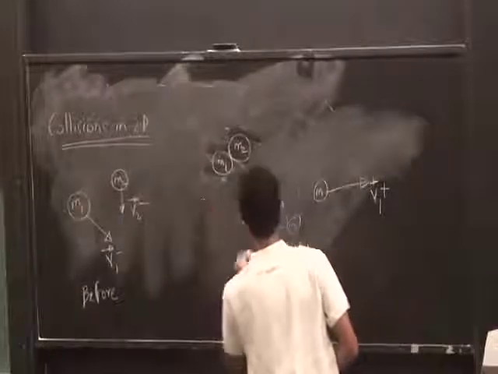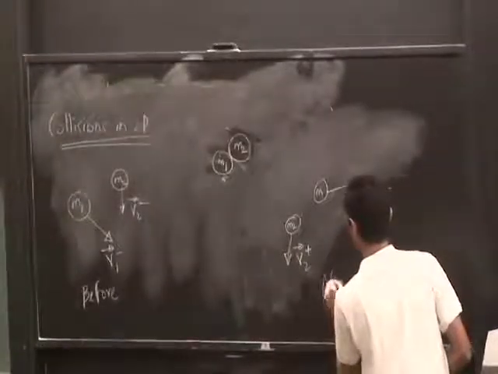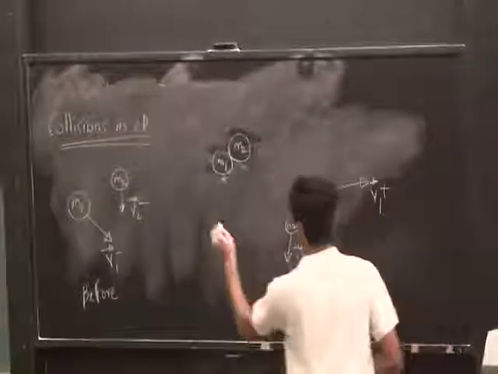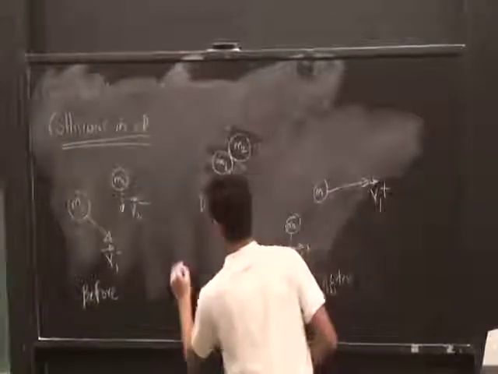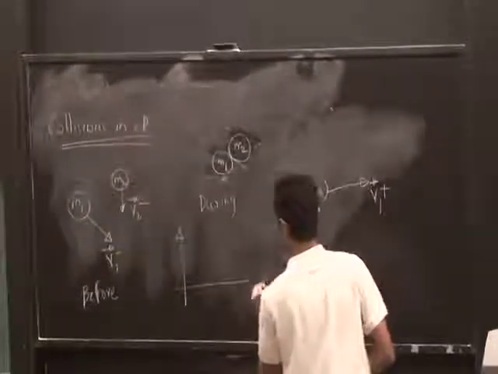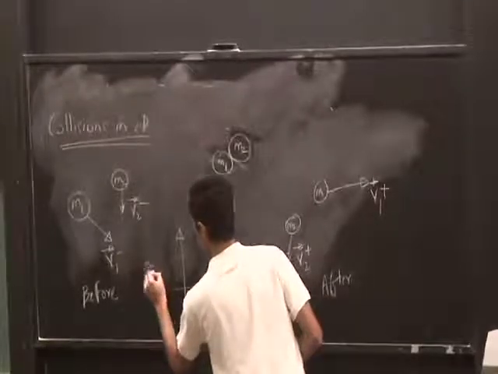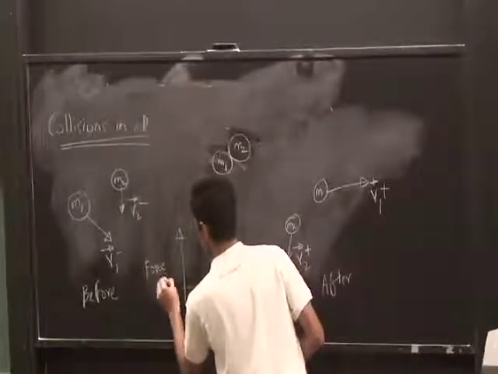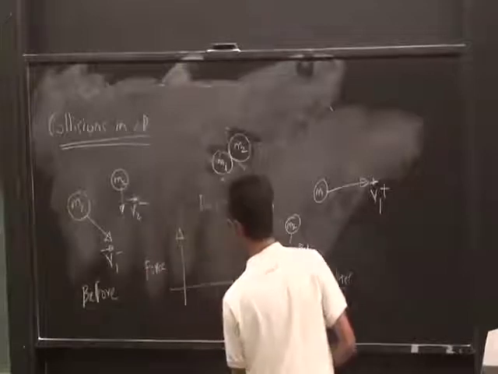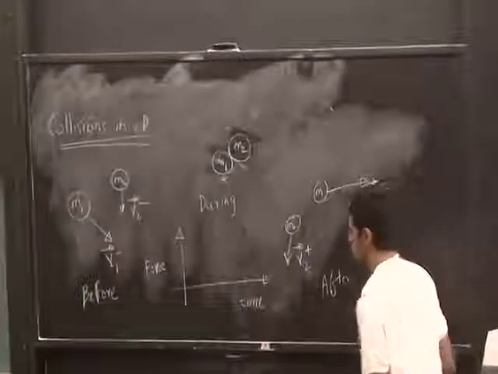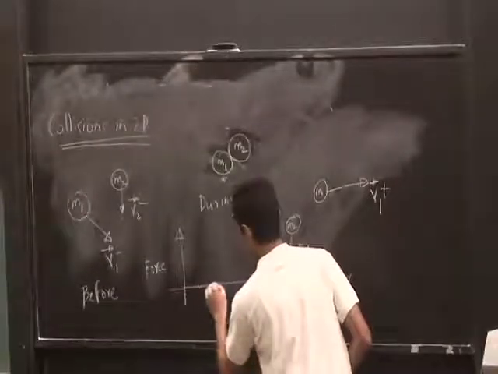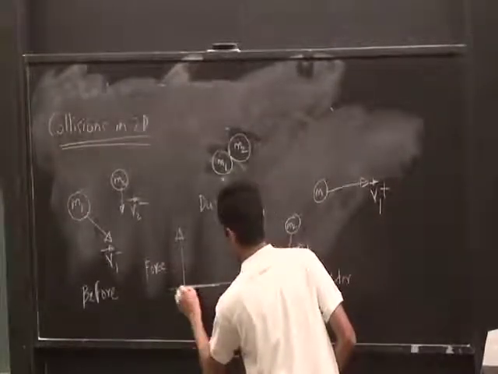So if you call this after collision, this is during collision, and if you make a plot of the force versus time, before collision, the interaction force is 0.